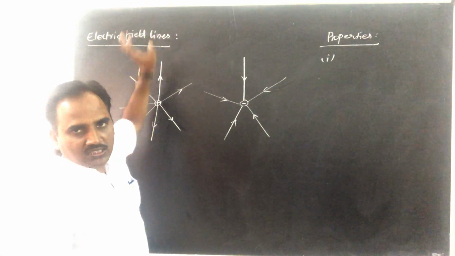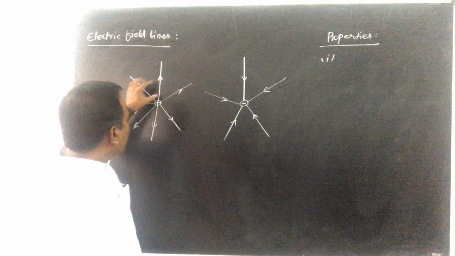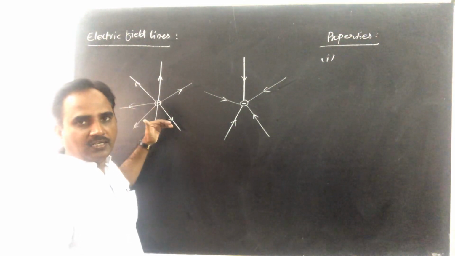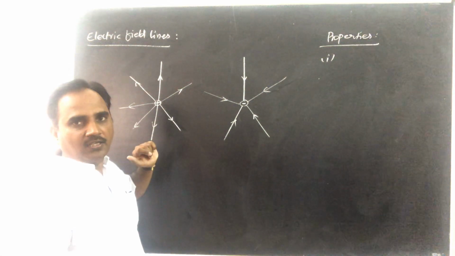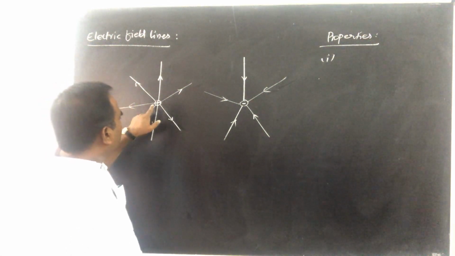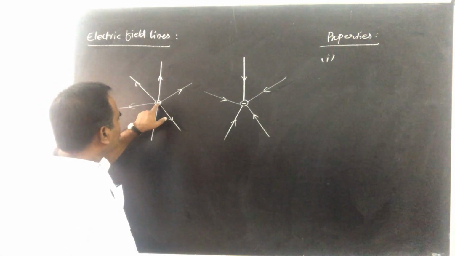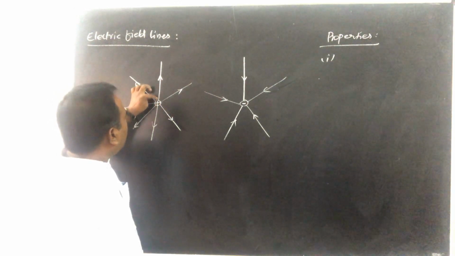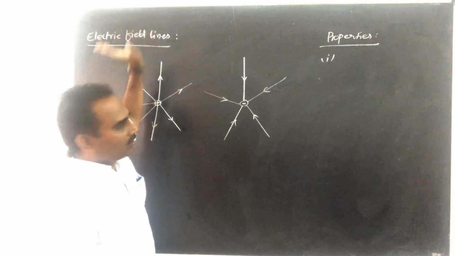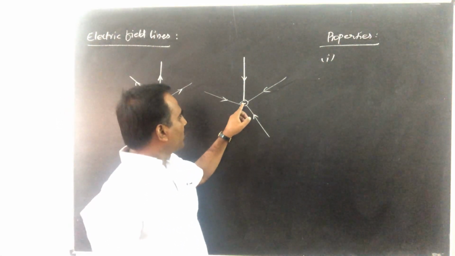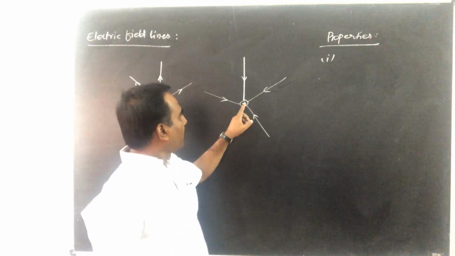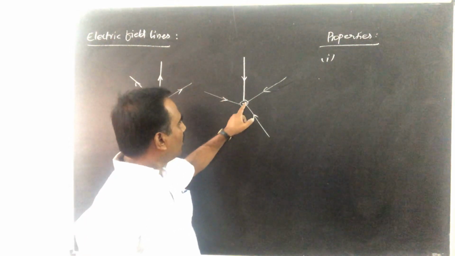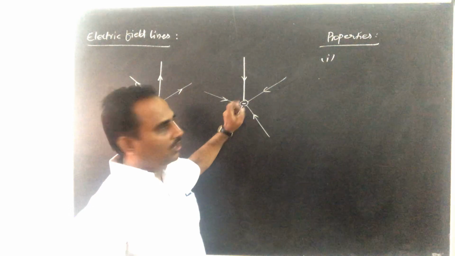Because in the previous class I told you that due to every charge, however small or large it may be, electric field exists up to infinity. Therefore, due to a point positive charge, electric field originates from the charge and ends at infinity. Similarly, due to an isolated negative charge, electric field starts from infinity and terminates on the negative charge.